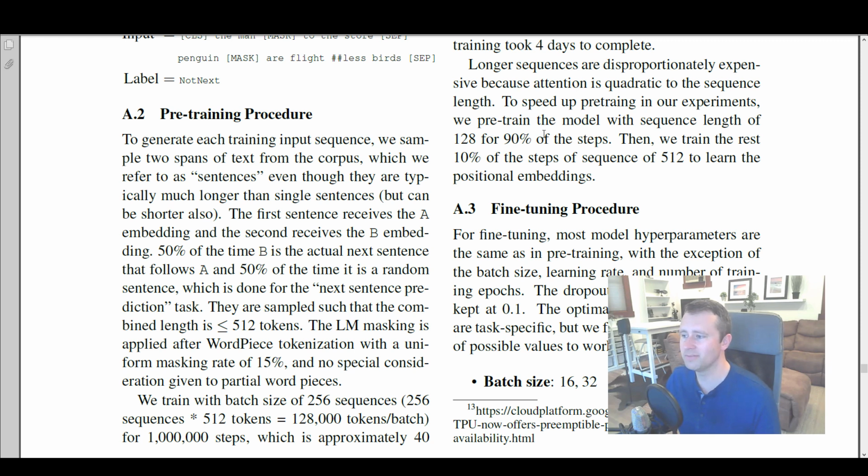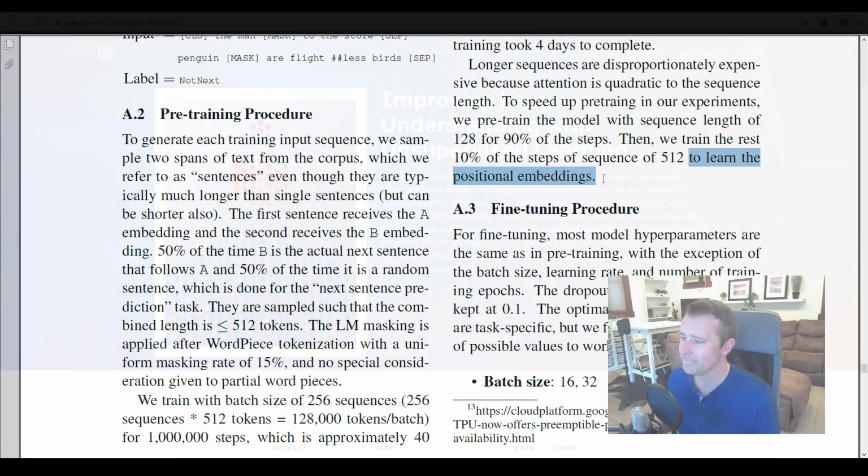So they do most of it with a smaller sequence length, but then they do the last 10% with a sequence length of 512 to learn the positional embeddings. That pretty clearly implies that the position embeddings are learned, not hard-coded.